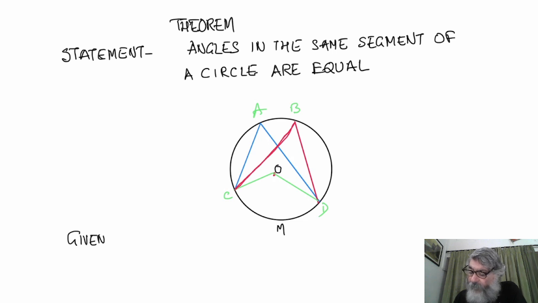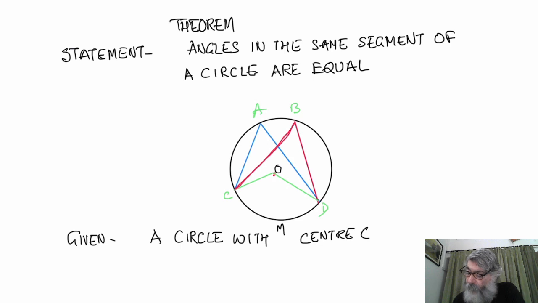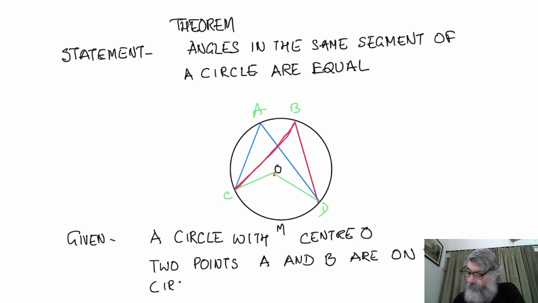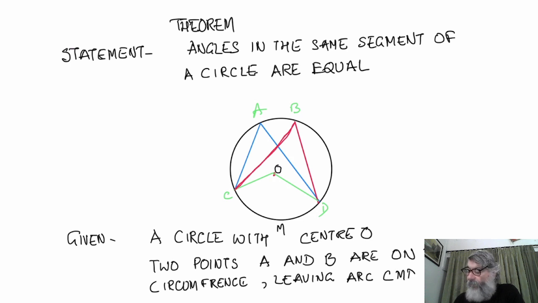Given is a circle with center O, and two points A and B. A and B are on the circumference, leaving arc CMD.